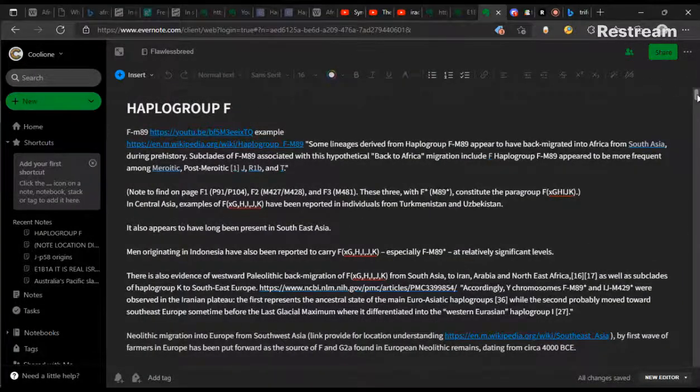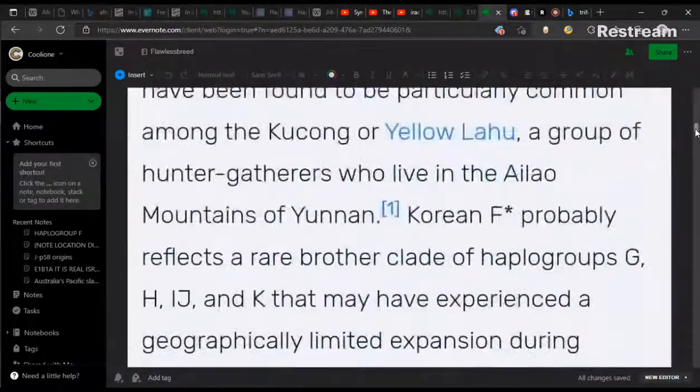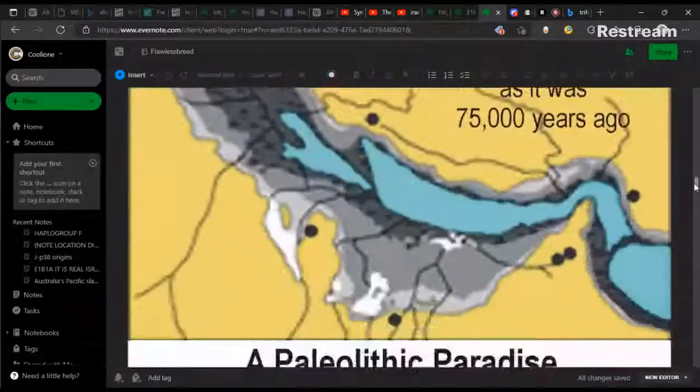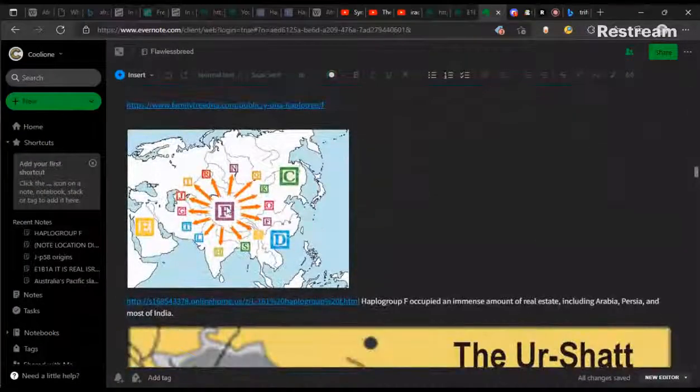I'll probably go over it either this Sunday or next Sunday, as I'm obviously finding a little more information on it. It's the grandfather of all these groups, where you see L, T, G, J, I, R, N, Q, K. K makes basically almost all of those except I and J, which basically come from F. So obviously O, M, S, those all will come from F.